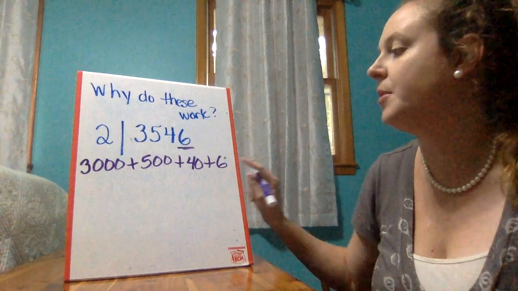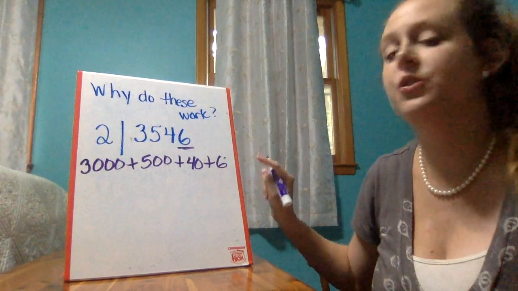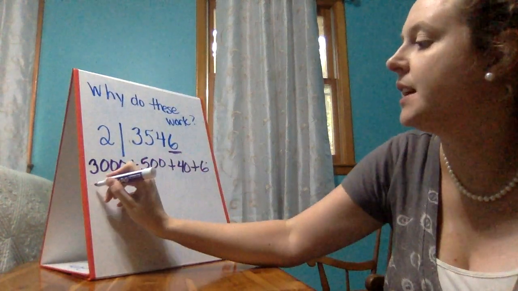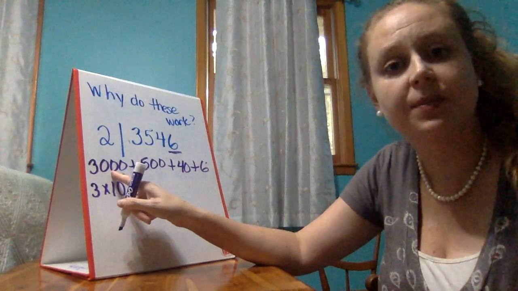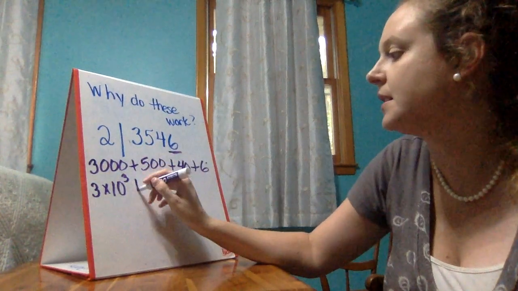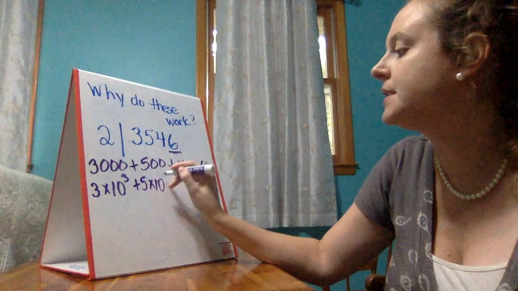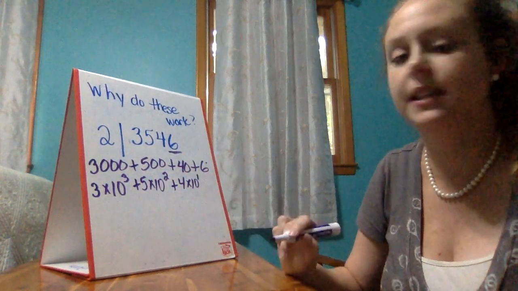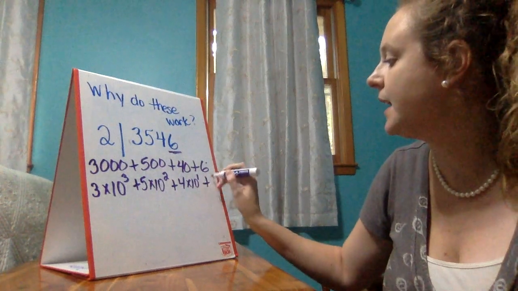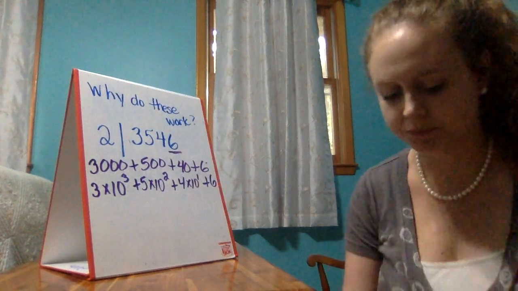I'm going to write this again, but using powers of 10. So that's 3 times 10 cubed because 3's in the thousands place. 5's in the hundreds place, so that's 10 squared. 4 is in the tens place, so that's 10 to the first. And then I have my 6 right here.